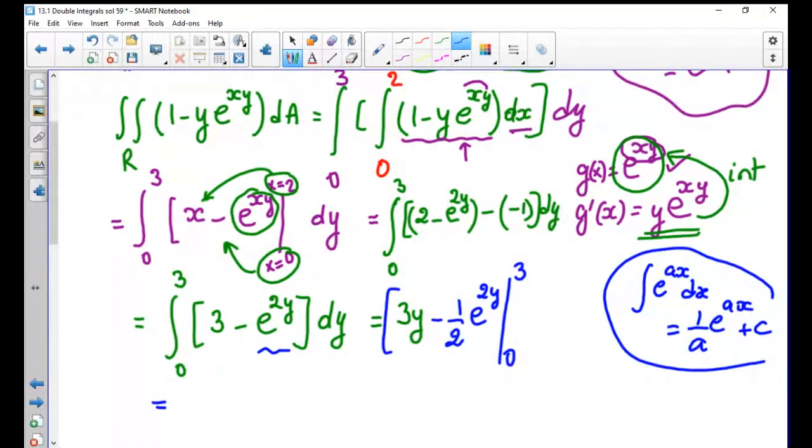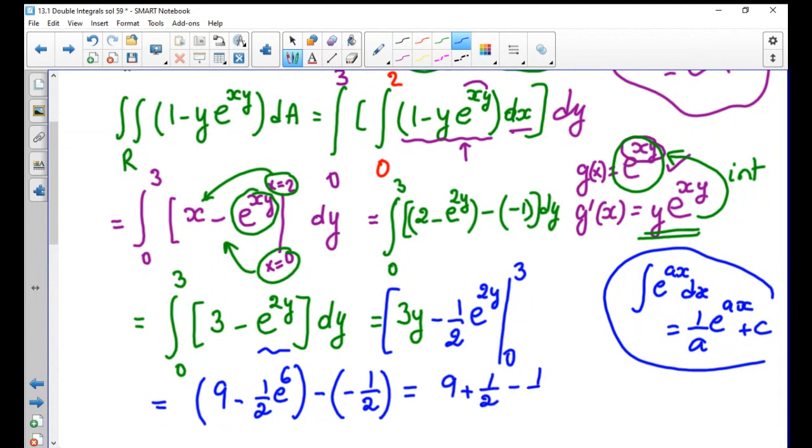Now we substitute with 3, it will give us 9 minus half of e to the power of 6, and then minus, with 0, it's going to be minus half. So in the end, it's 9.5, 9 plus half minus half e to the power of 6.